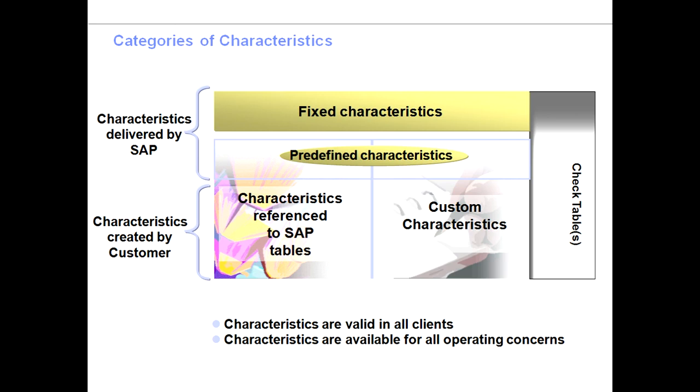So when we go into the system and create certain characteristics to have our reporting requirement catered, those characteristics are called customer created characteristics. Mainly these three cover the entire characteristics in SAP.